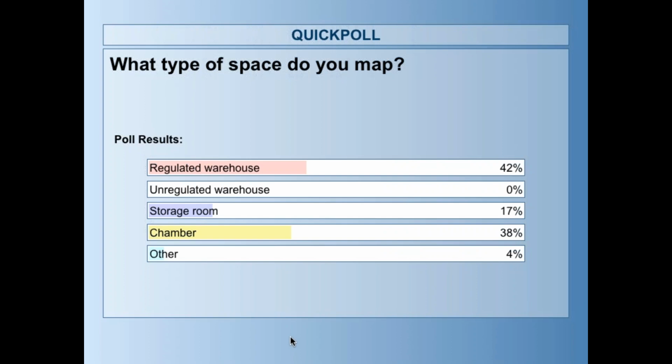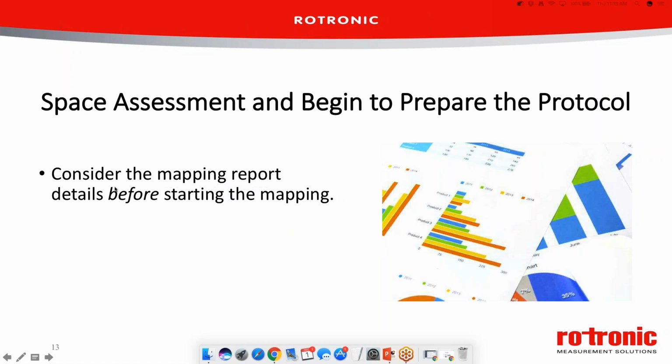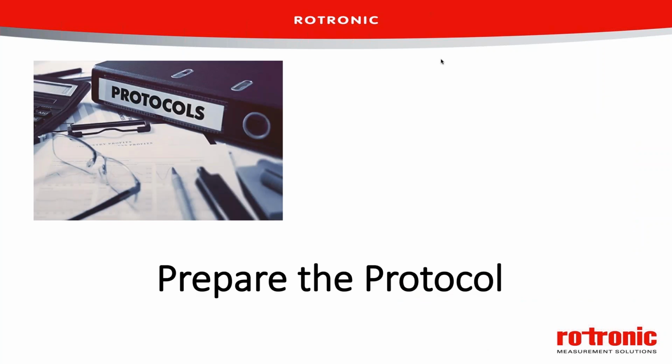And you can see the results. Warehouses, almost as many chamber mappings as regulated warehouses. And then storage rooms and probably a few others. Okay, good. You're in the right place. I'll go ahead and close the poll and give it back to Steve to talk about preparing the protocol.